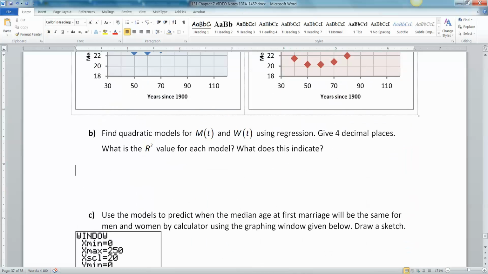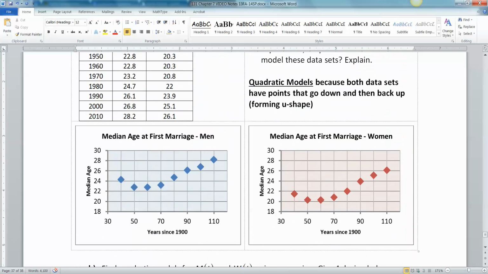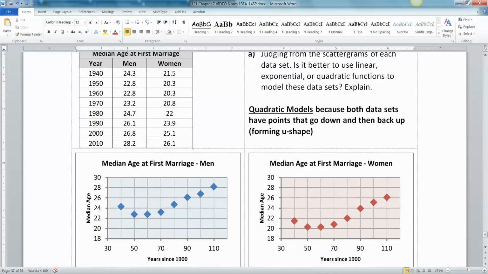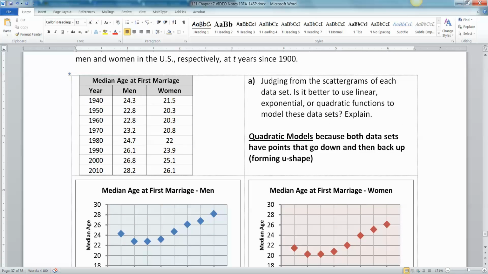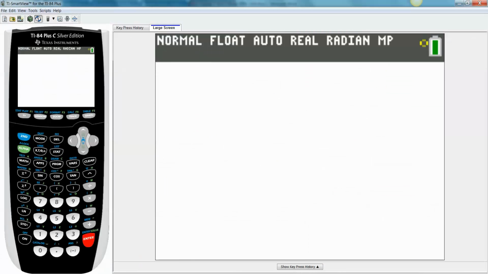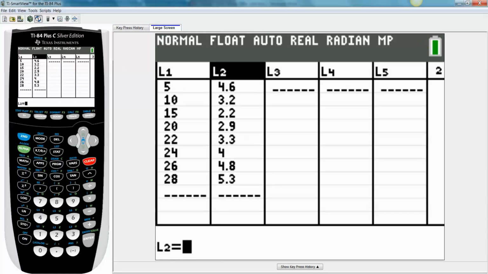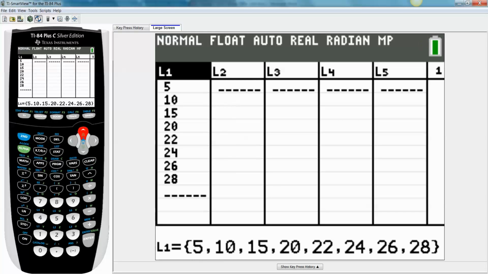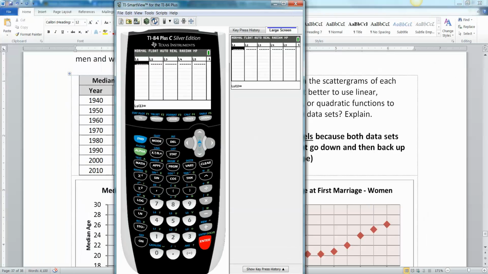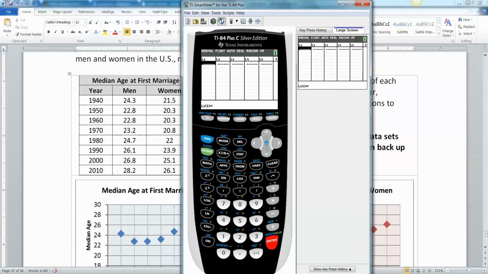All right, so now we're going to find quadratic models for both of those using regression and find the r-squared value for each one, and what does that indicate? Okay, so let's grab a calculator. Stat, edit, clear out the old, and type in the new. So if I'm not mistaken, it goes 40, 50, 60. Yeah, because it's since 1900.